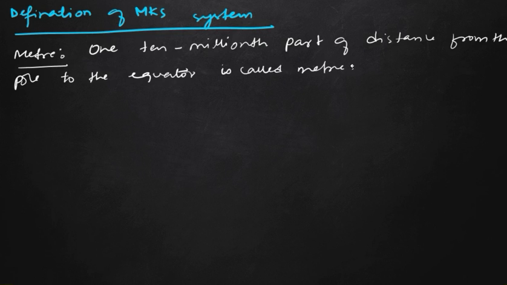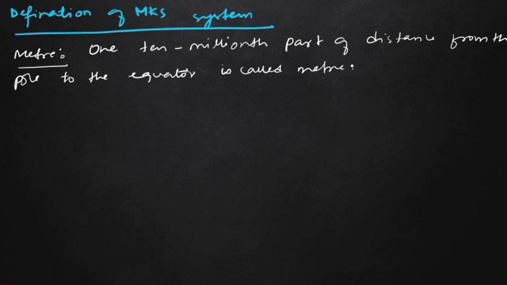This distance is marked between two parallel lines drawn on a platinum iridium bar. This bar is kept at a constant temperature in the International Bureau of Weights and Measures at Sèvres near Paris.